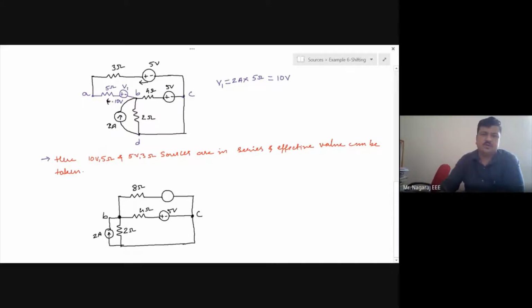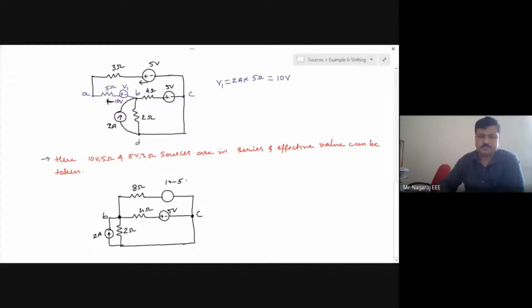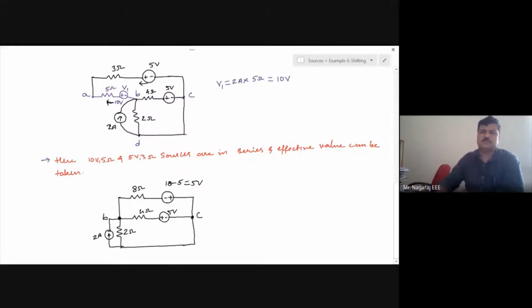These two are in series. So 10 volt is opposing this 5 volt. Therefore the effective value is 10 minus 5 volts, five volts, and the polarity is towards right.